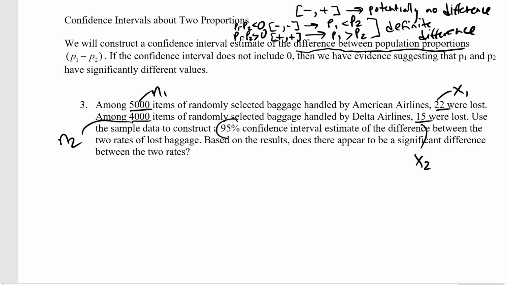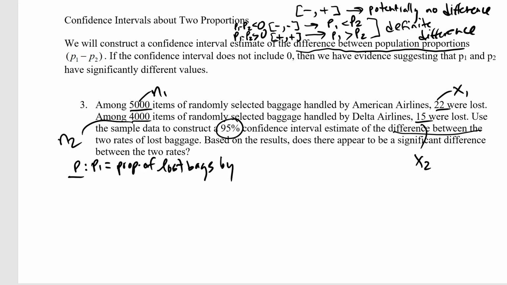We're going to do a 95% confidence interval to estimate the difference between the means, okay? And then decide, does there appear to be a difference based on this, okay? So, p, what are our proportions? Well, the first one is the proportion of lost bags by American Airlines.